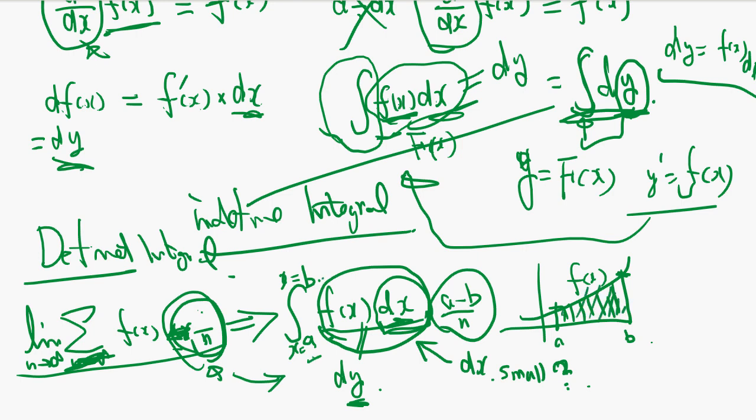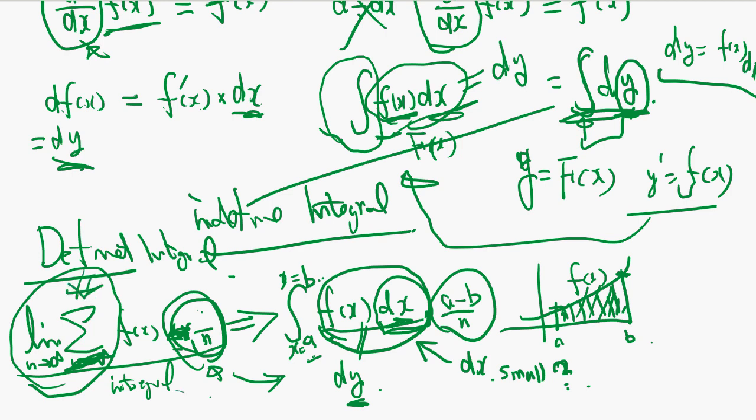Why do you rewrite this? This is an integral, right? This is an integral. Definite integral is this one. And why do you write a definite integral this way?